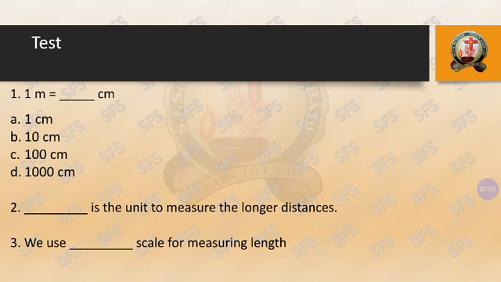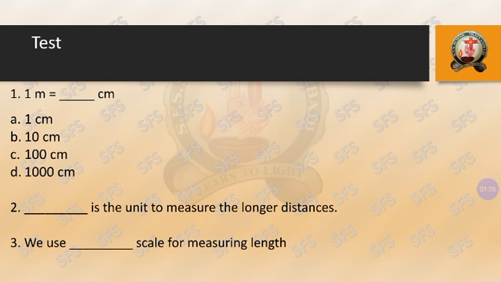The first question is 1 meter is equal to dash centimeter. I hope we have discussed this in our previous class when I was telling about how to measure the length of an object, right? So what is the answer?